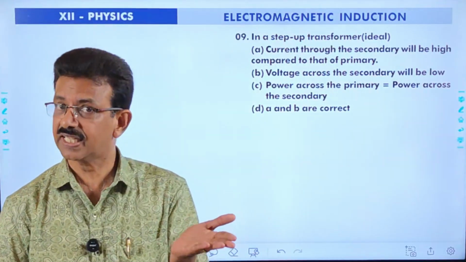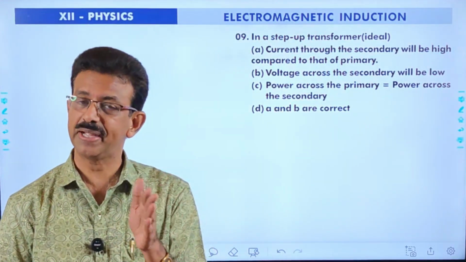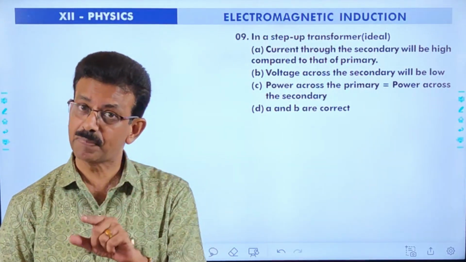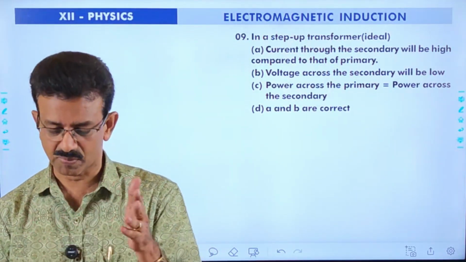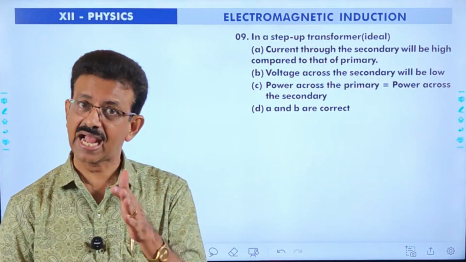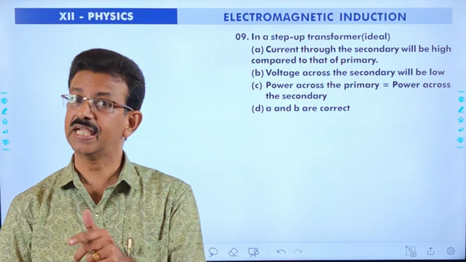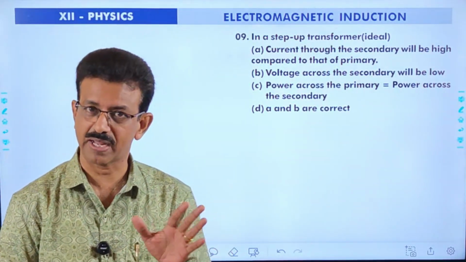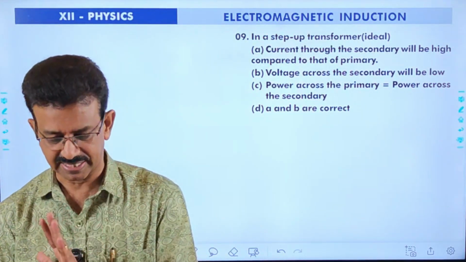If an AC signal is given through a transformer, the frequency remains unchanged, power remains unchanged, and if it is a step-up transformer, voltage increases, and if it is a step-down transformer, voltage decreases. That is, voltage and current can be increased or decreased. Power remains unchanged for an ideal transformer across primary and secondary. Frequency of the signal also remains unchanged.